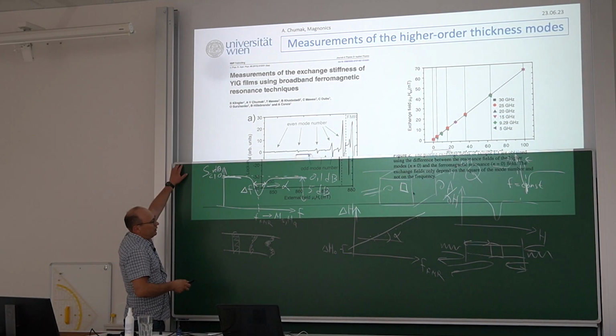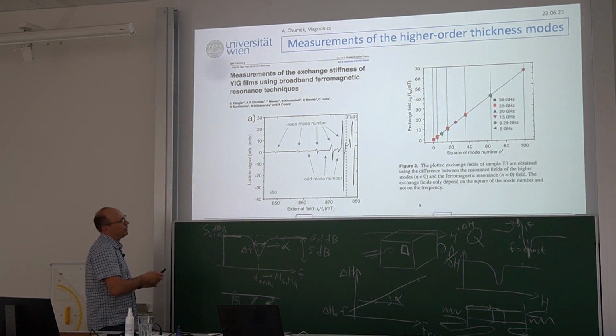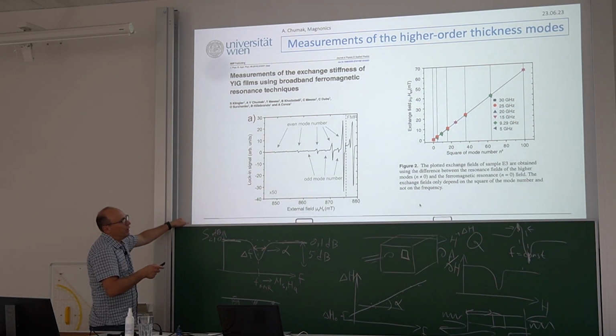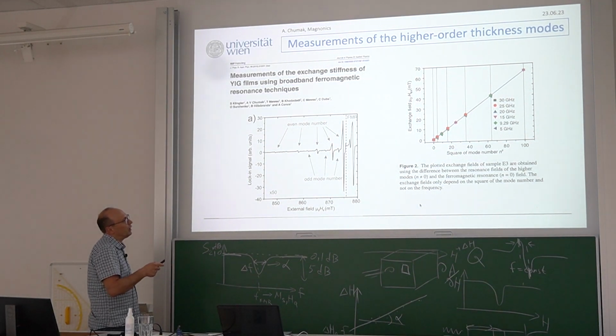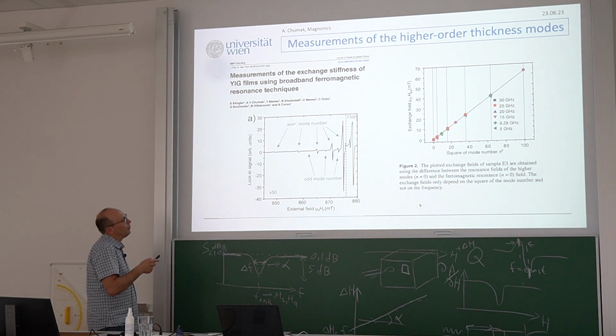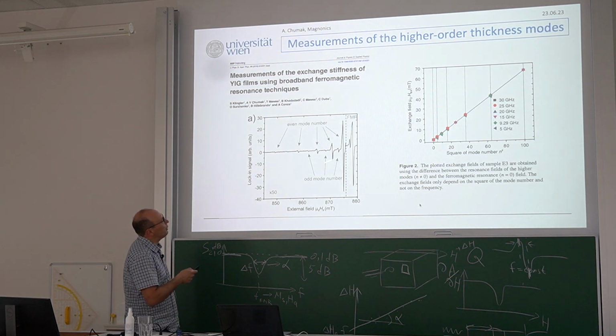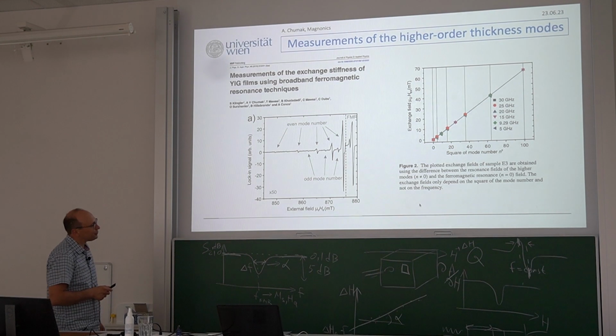And these modes you can see in the experiment in some cases, like it's shown here. And as we discussed, odd modes are usually well pronounced, and even modes are less pronounced. But in this case, this is different. Both of them are visible.